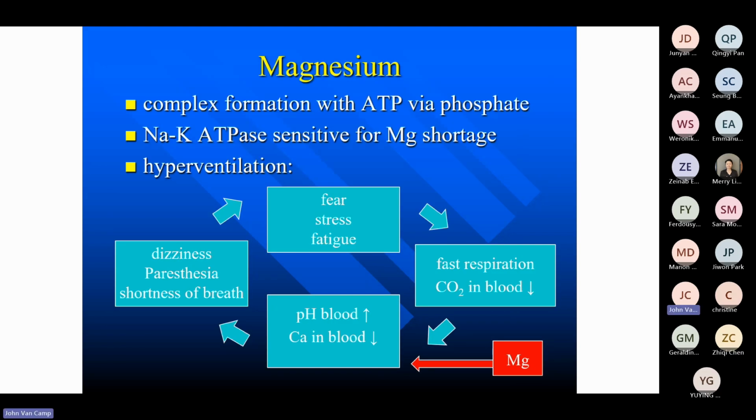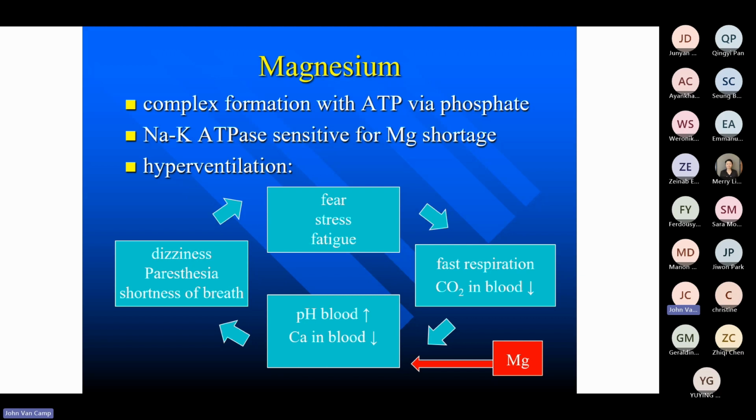The other parts are a little bit less, so I'm going a bit faster. Magnesium is commercialized. Some people say it would be beneficial because it produces ATP. I'm not so sure whether it will improve, let's say, your performance. There has been some link with hyperventilation, which means that people, for example, are stressed or tired, or frightened.